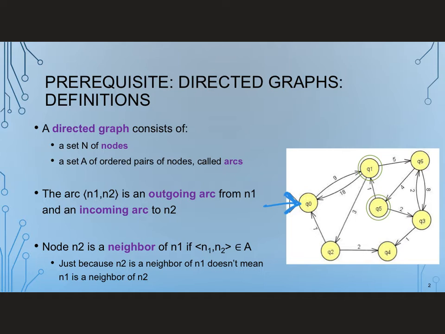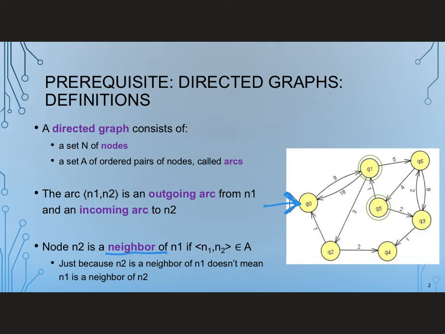as long as we keep it clear. There is, however, this concept of a neighbor, and you need to be careful with a neighbor because the idea with a neighbor is that if your arc is a pair, right, from N1 to N2, N2 is a neighbor of N1 if there is an arc from N1 to N2, but that doesn't mean it goes the other way.